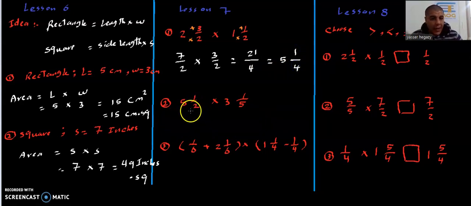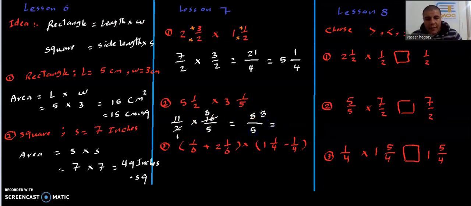And number 2, 5 and 1 out of 2. So multiply down, add up. It will be 11 out of 2. Good. And 3 multiplied by 5 equals 15 plus 1, 16 out of 5. Don't forget that before we multiply, we must simplify. So 16 divided by 2 equals 8. And multiply up: 8 multiplied by 11 equals 88, divided by 1 multiplied by 5 equals 5.